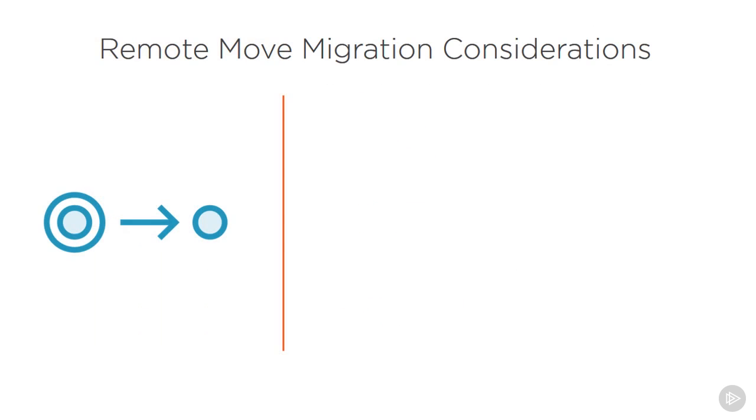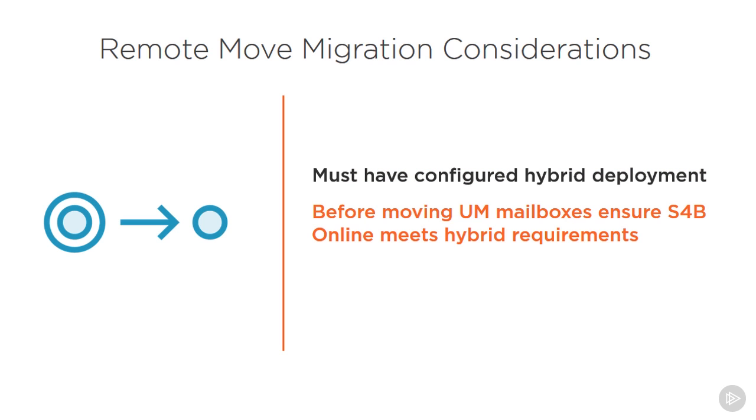The first option that we have is called the Remote Move Migration. And there are a few things to take into consideration here. The first is that you have to have already configured a hybrid deployment for your Exchange environment, so that you can communicate between on-prem and online. You also have to make sure that this hybrid configuration is configured for Skype for Business, that's the S for B, for moving your unified messaging mailboxes.